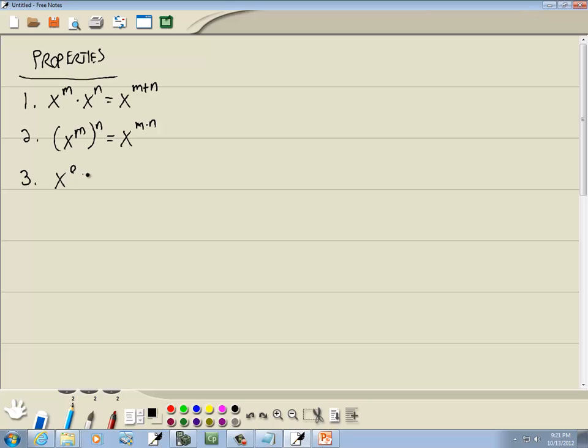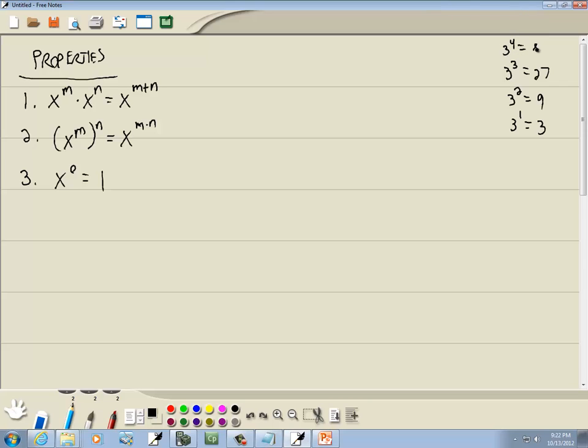Anything to the 0 power is always equal to 1. Why is that? Well, think of a simple number example here. We have 3 to the first is 3. 3 squared is 9. 3 to the third is 27.